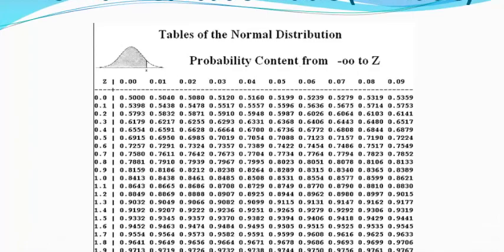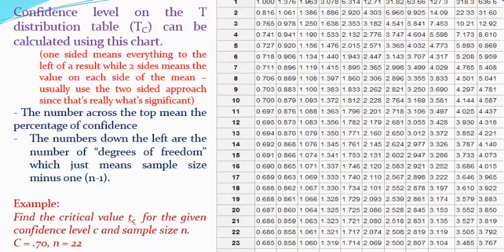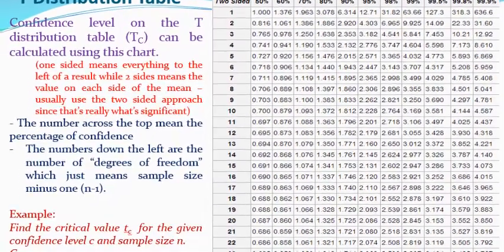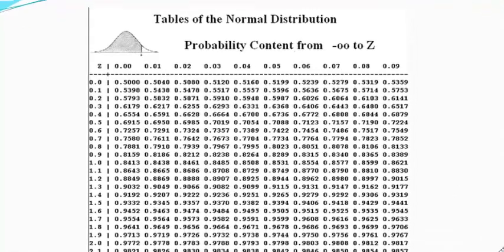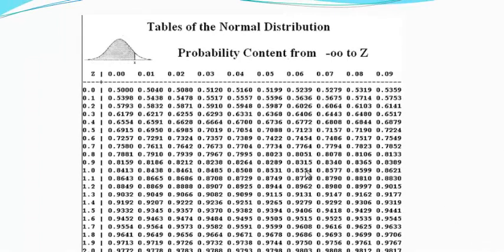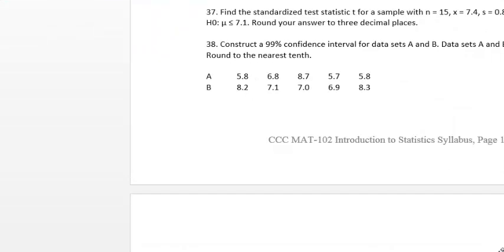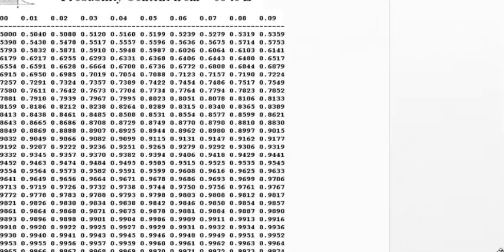Remember, if it was less than 30, we would use the t-table. Before, when we were looking at confidence intervals in the middle, we had to take half of alpha, because that was based on a two-tailed distribution. Well, fortunately, our question over here specifically asks for a one-tailed, right-tailed distribution.